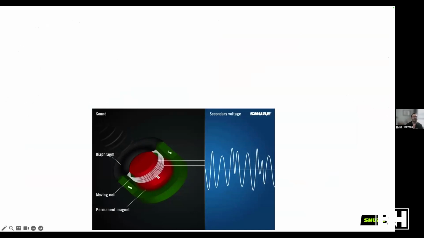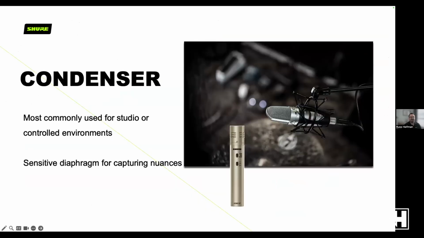So in the case of condenser microphones, you are typically going to find them in a recording studio. You do see them live on stage as well, but they are very, very sensitive. They're designed to pick up all the nuances of your voice or your instrument.